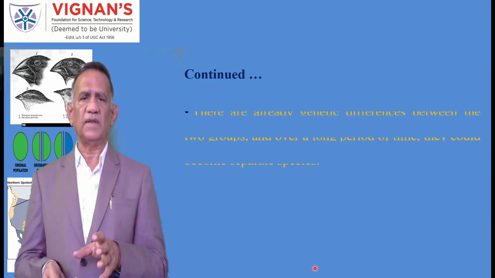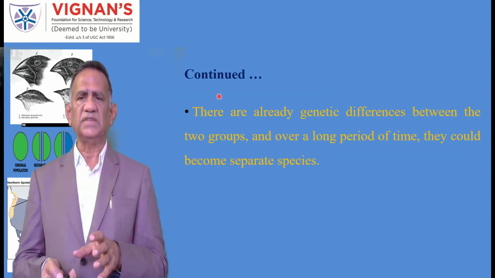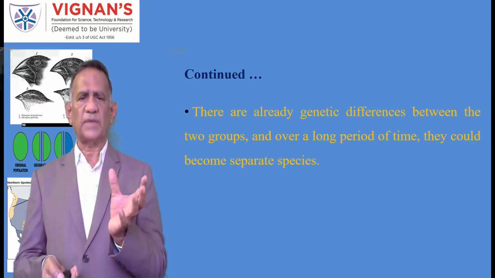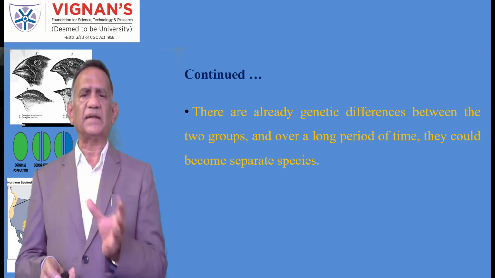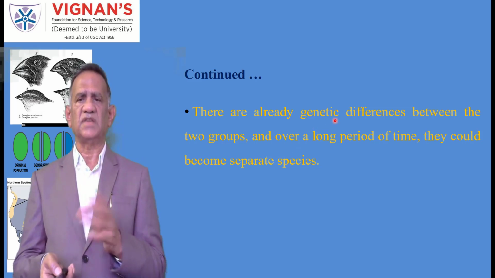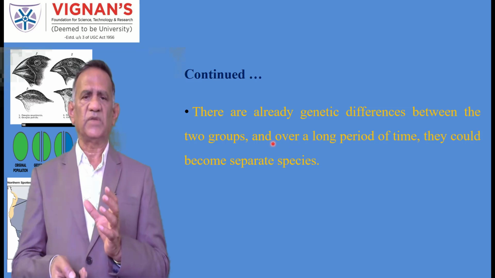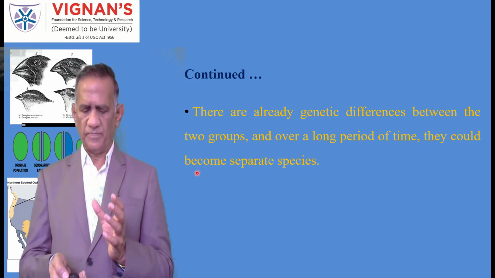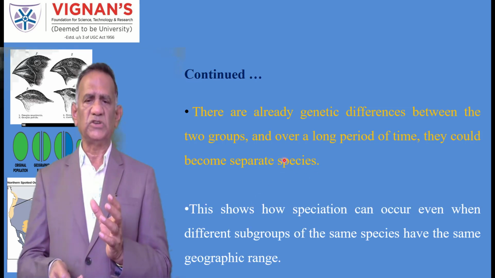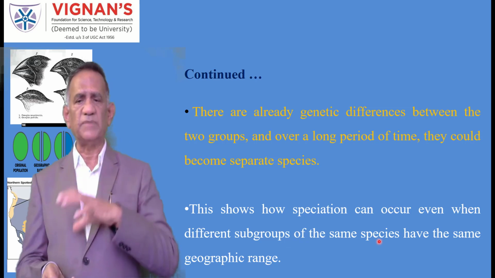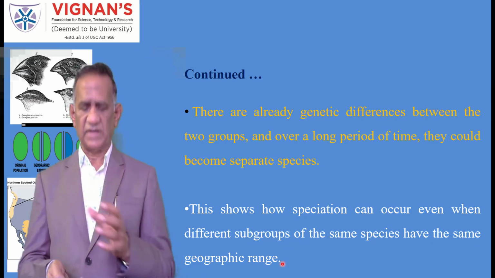Now these are the two. As a result of the two types of fruit substratum that they have taken for their maggot larva to undergo development, there are already genetic differences between the two groups, and over a long period of time they could become separate species. This shows how speciation can occur even when different subgroups of the same species have the same geographic range.